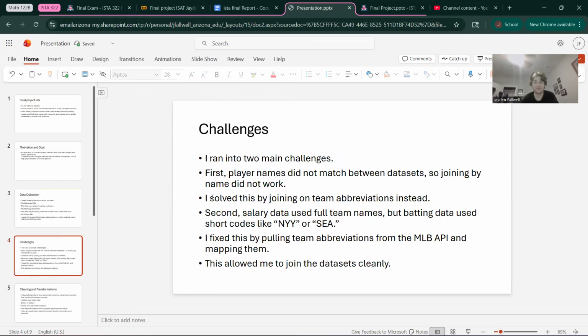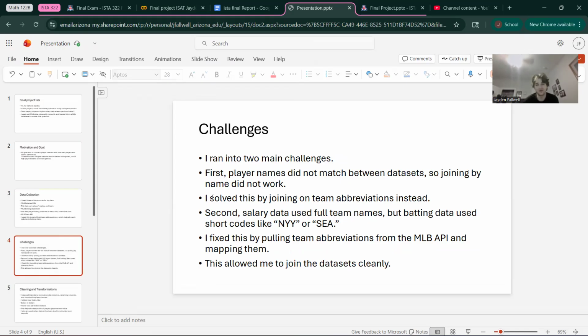I ran into a big challenge that took me a while to figure out, which was that players' names did not match between databases, so joining them by names did not work. It was very difficult and very annoying, but I solved this by abbreviating the team that they play for.